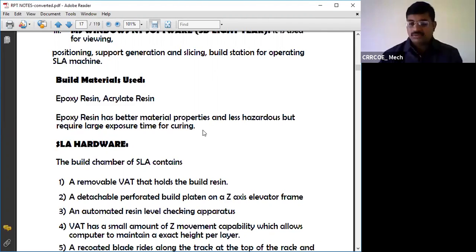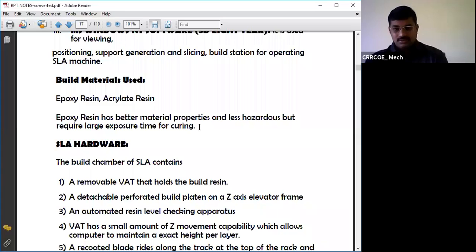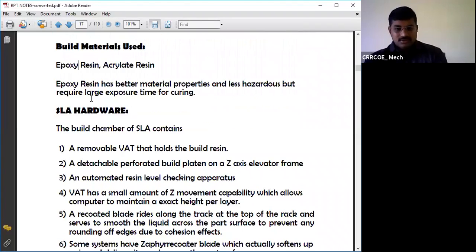If you see online also, a lot of new designs are available. When you cut a tree, we generally do not get a specific shape, so they add some resins, which bring beauty to that particular wood. That is a different thing. So here, for this particular technique, these are the build materials used.